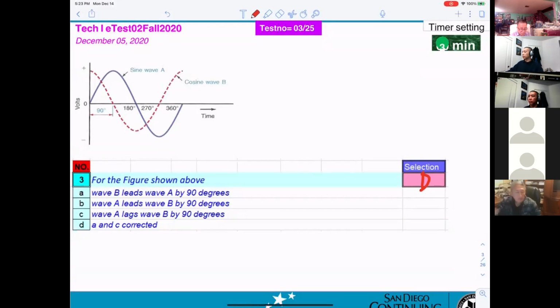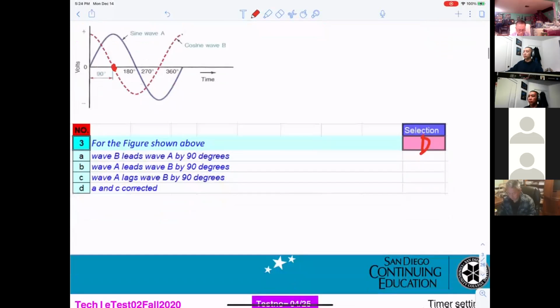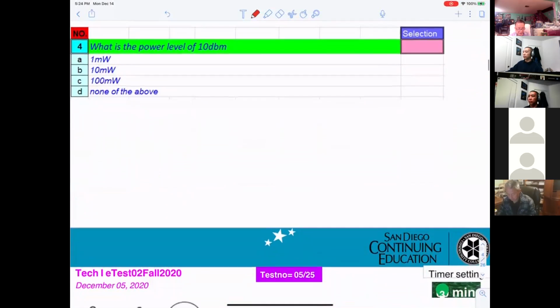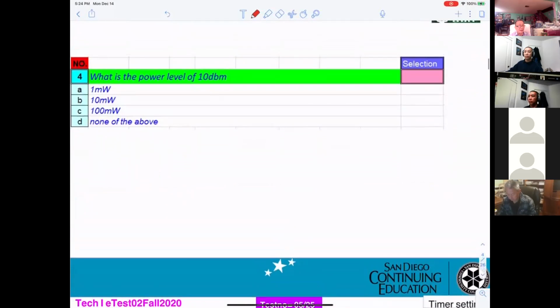B comes 90 degrees before A, so it leads. Also, another way, they can say wave A lags B by 90 degrees, same thing. Okay, we already went through that one time.